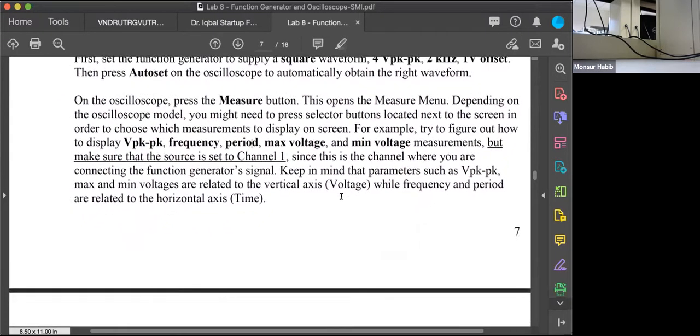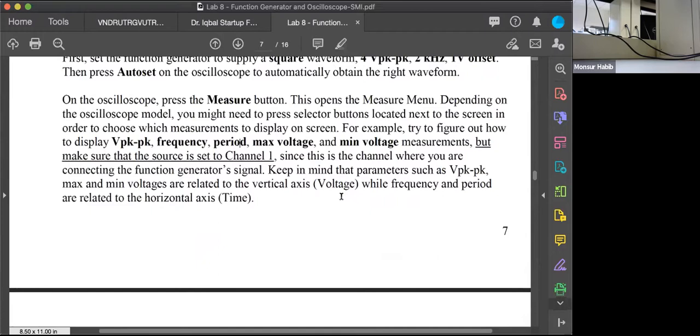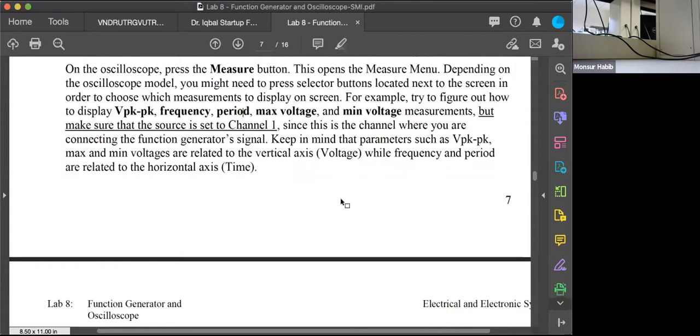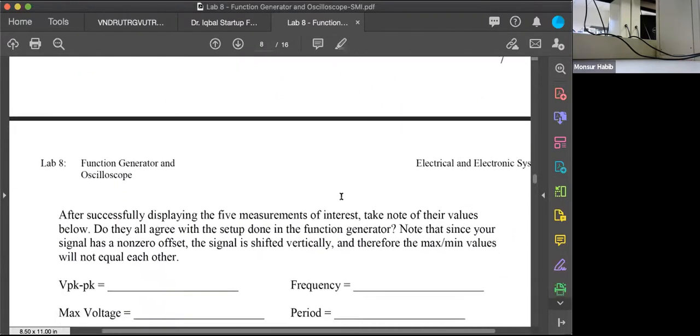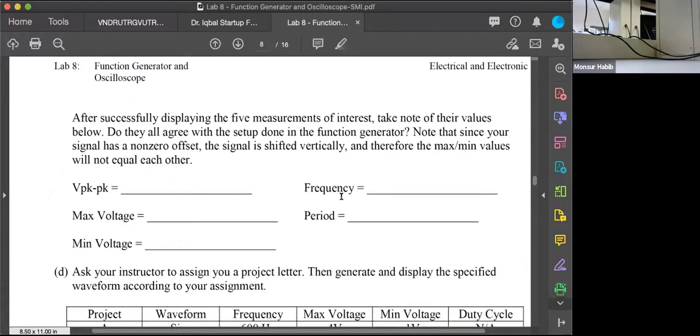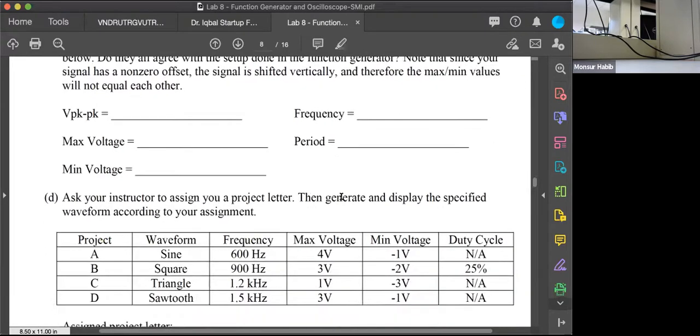Now, this is where your circuit would make your signal undergo changes. Is it an amplifier? Is it a band pass filter? Is it a low pass filter? Whatever the conditions, that signal will come after undergoing those changes, and those are the values that you would measure from the oscilloscope.